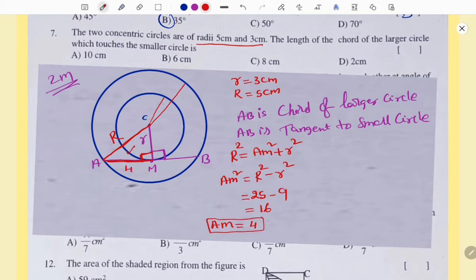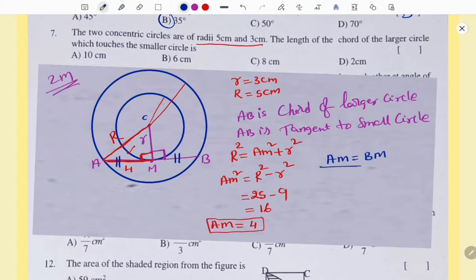Yes or no? Now this is 4. You know, this is the radius, perpendicular to the AB. A perpendicular line from the center divides a chord AB equally. So here we can get AM is equal to BM.